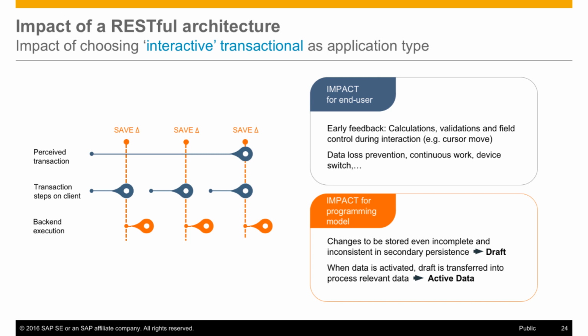And now we do not persist that at the very end when I press the save button. No, we do that in the meanwhile, for example, for each section on a UI. Whenever I leave a field or the section with some fields, whenever I leave these fields as an end user, we send a request to the back end in order to save this data. And we have to save the data, of course, not in the original database table, because then we would save incomplete or inconsistent data, but we have to save it somewhere else.